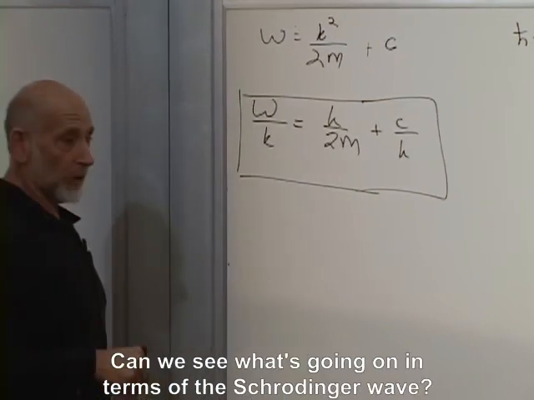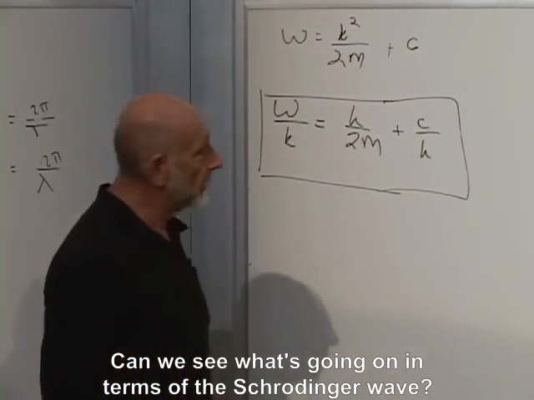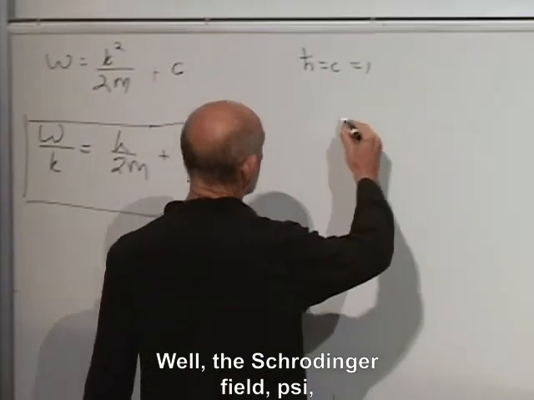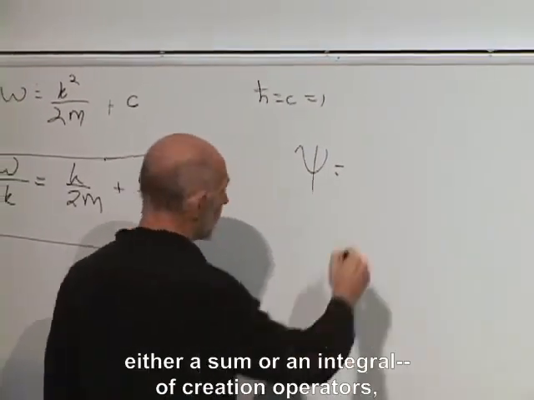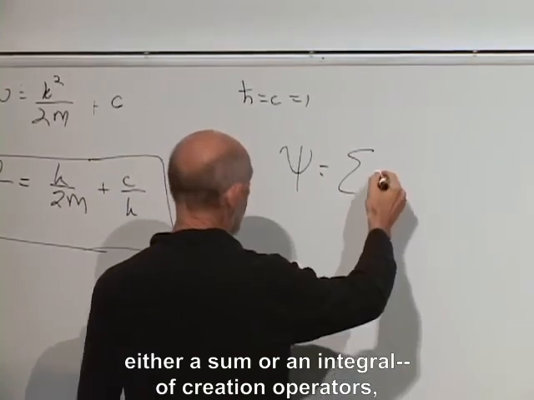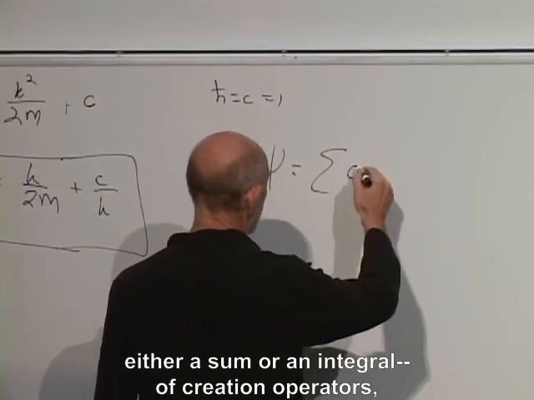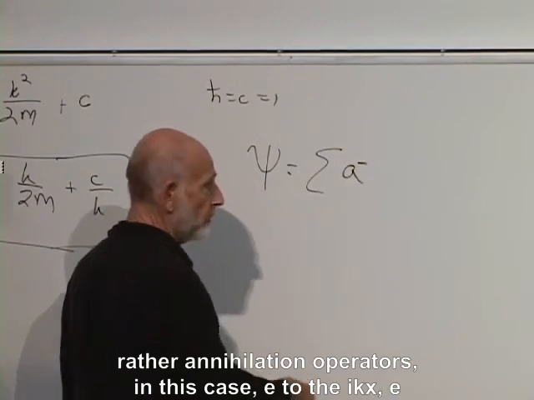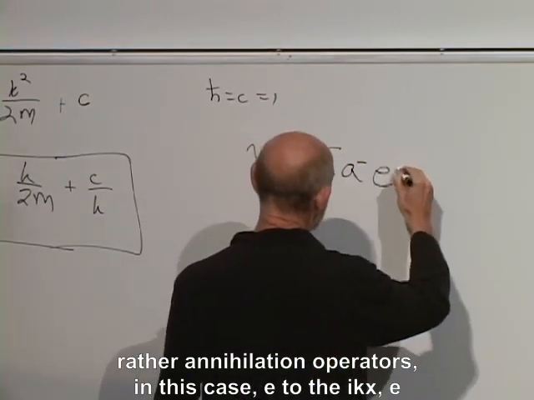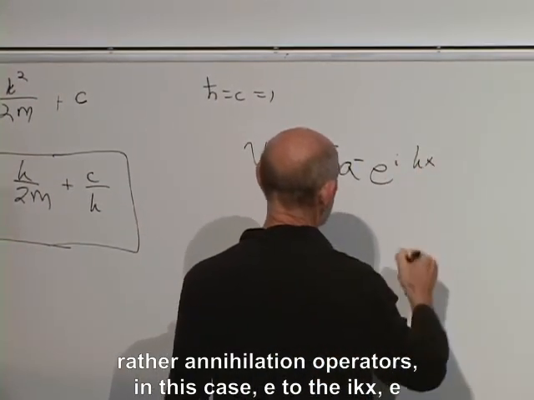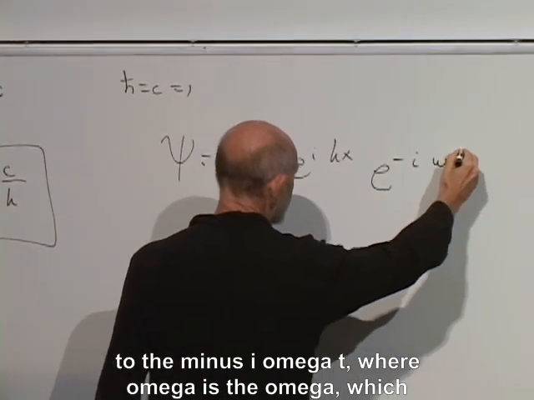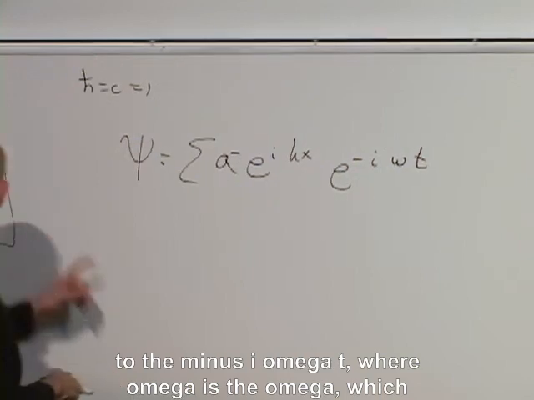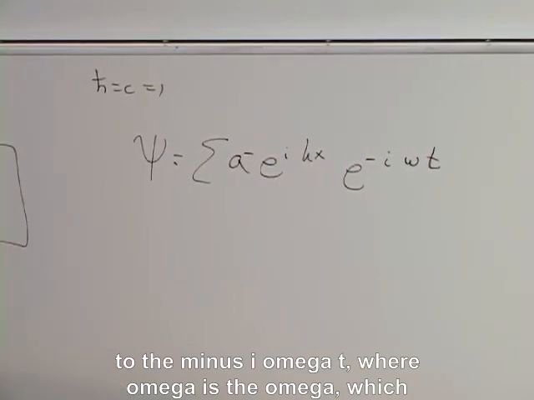All right, can we see what's going on in terms of the Schrodinger wave? Well, a Schrodinger field, psi, is some kind of sum or integral of creation operators, or rather annihilation operators in this case, e to the i kx, e to the minus i omega t, where omega is related to k.